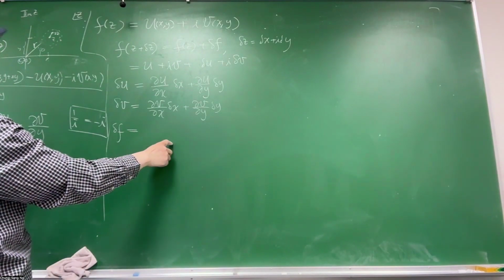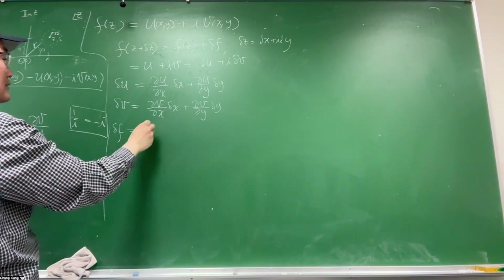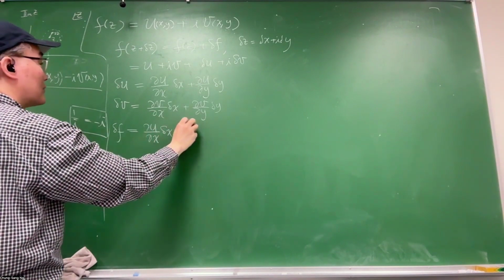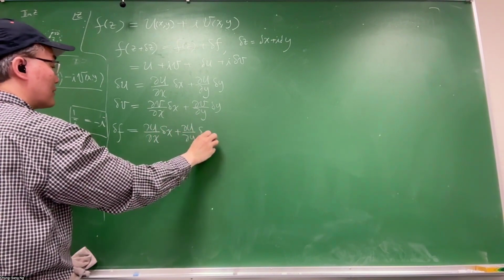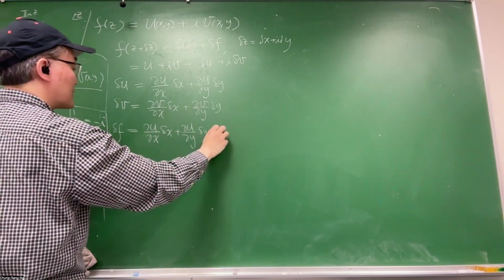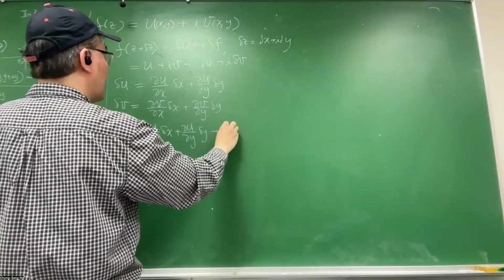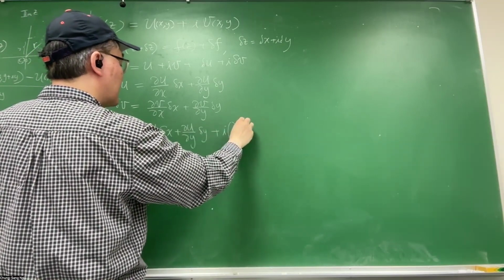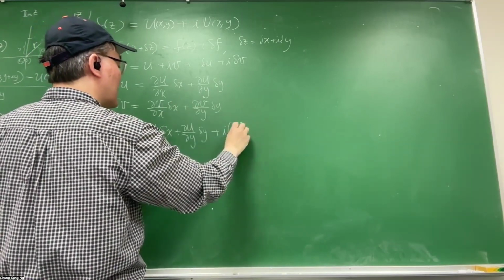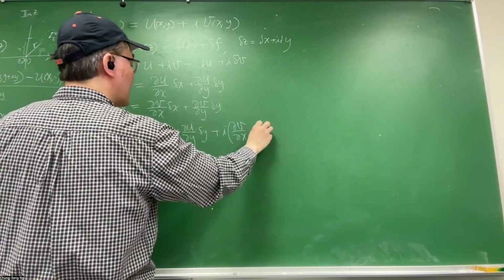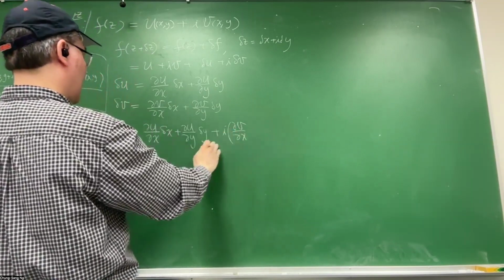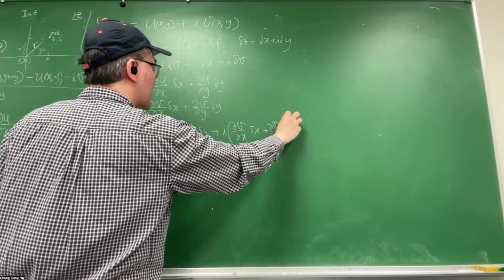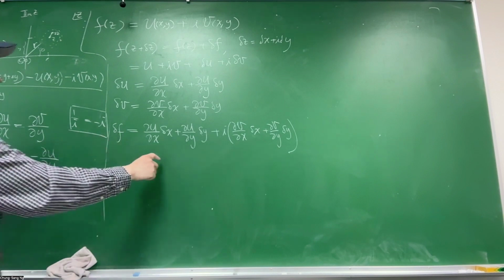Now just substitute everything in here: partial u partial x delta x plus partial u partial y delta y, plus i times partial v partial x delta x plus partial v partial y delta y, right?